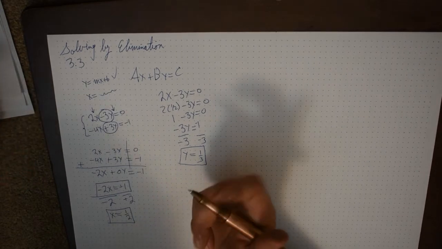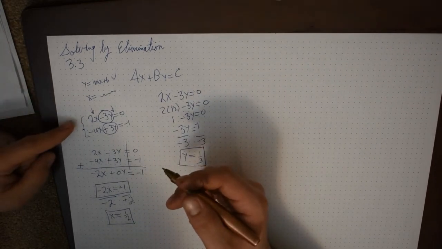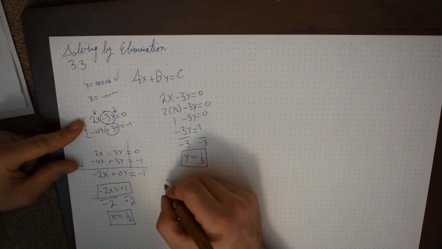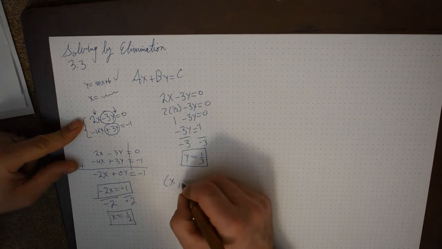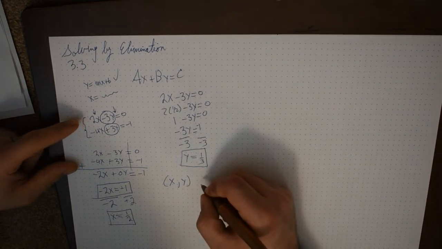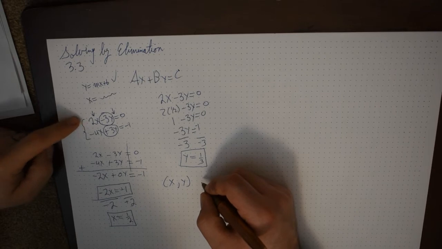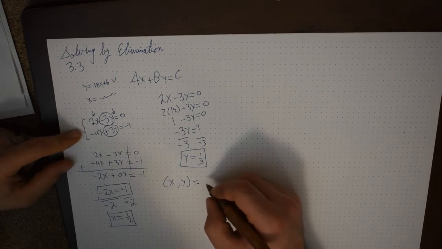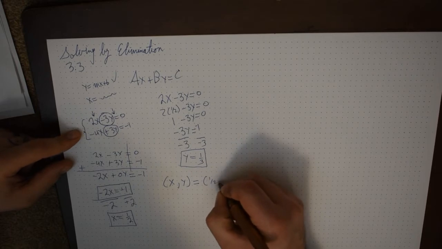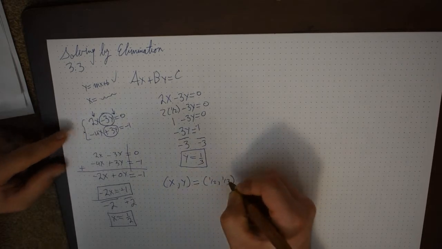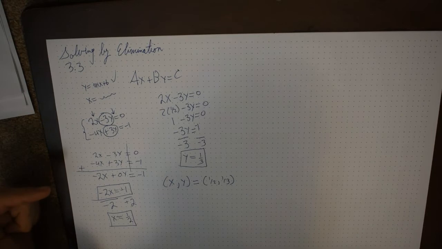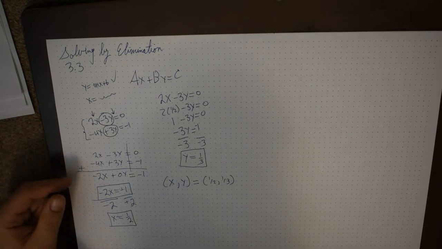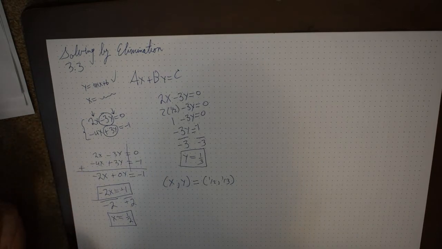And remember, the solution to a system of equations with two variables is a point. So that point x, y, which is the solution to this system of equations, or you can think of it as the point where these two lines intersect, is the point 1/2, 1/3. This is going to be our overall process for solving systems of equations by elimination.